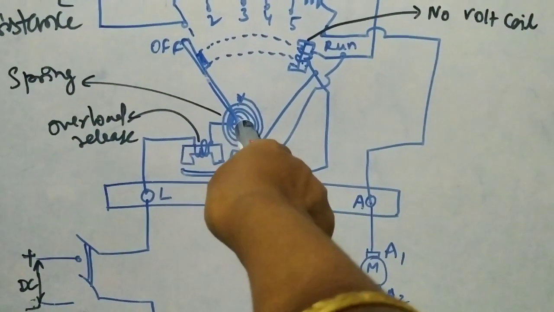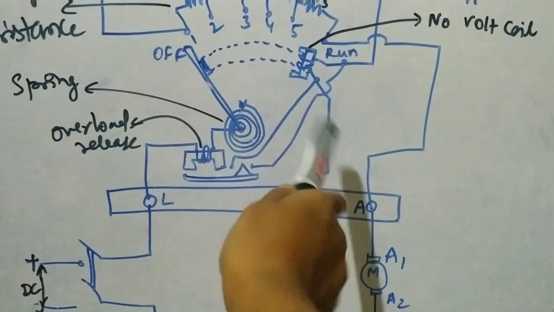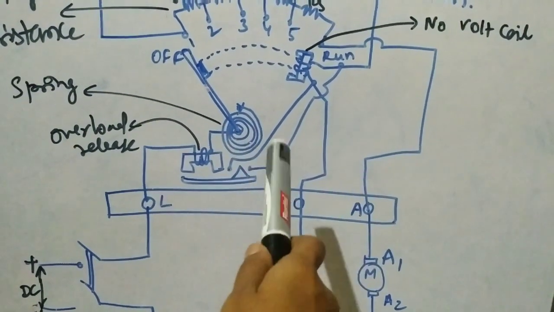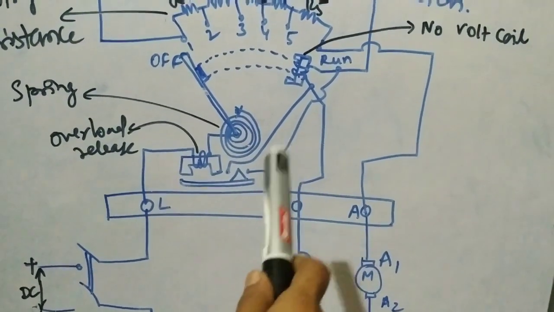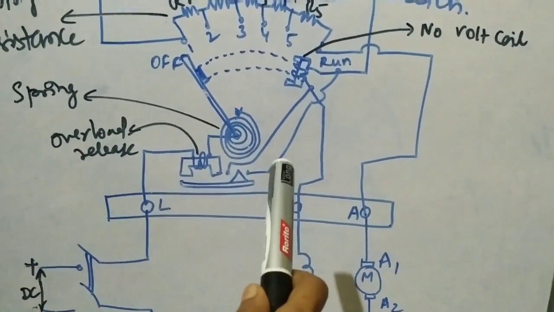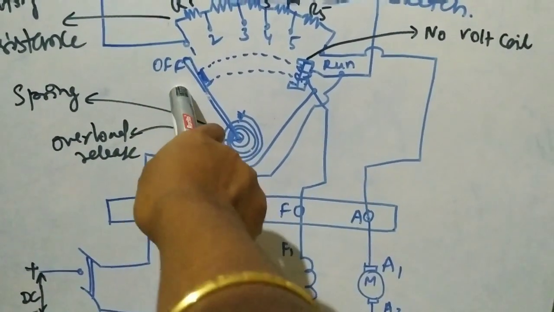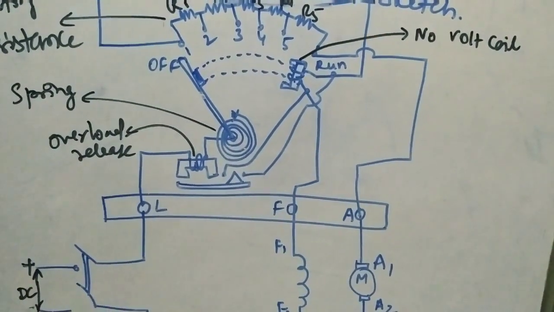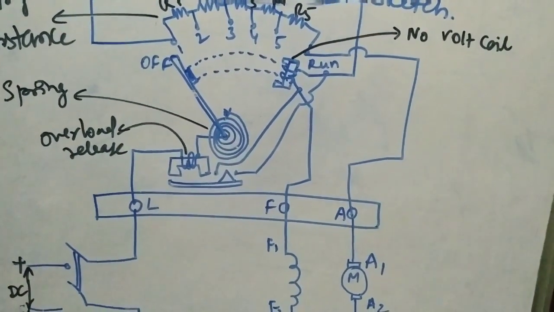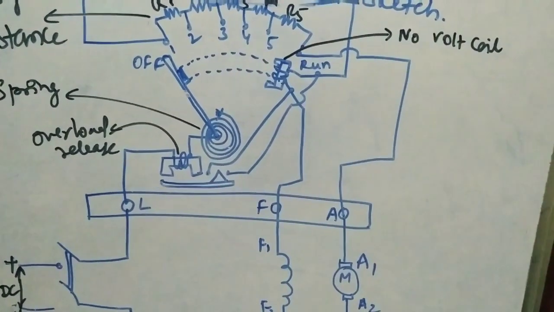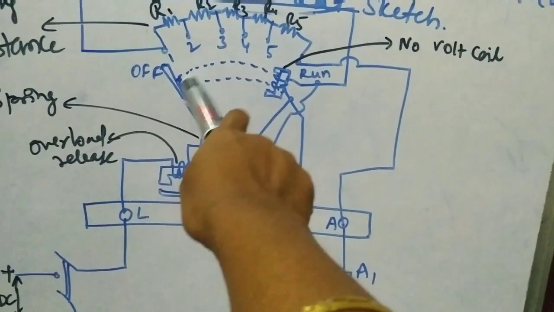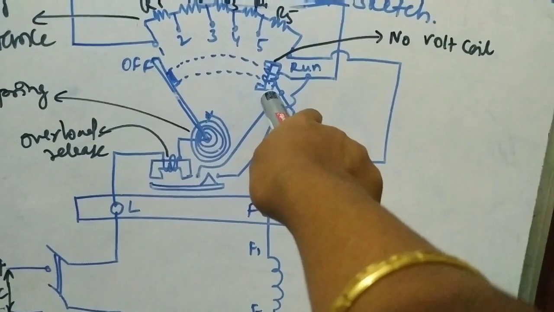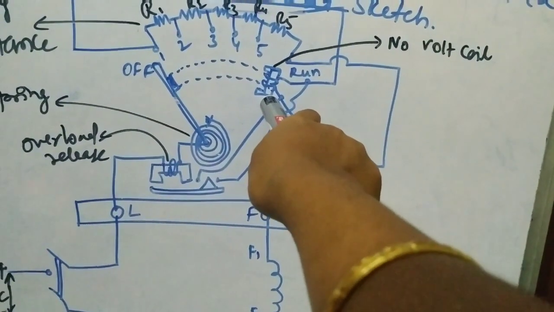The handle is free to move on its other side against the force of the spring, and this spring brings the handle back to the off position under the influence of its own force. Another parallel path is derived from stud 1 which is given to another electromagnet, called the no volt coil, NVC.